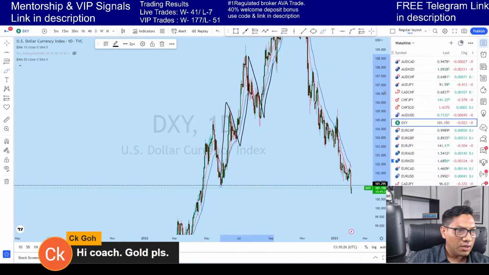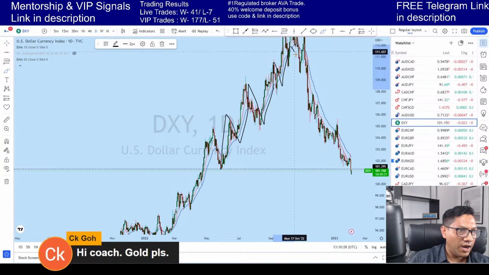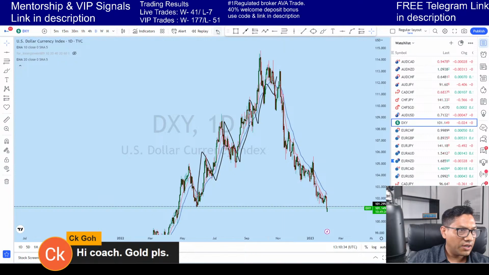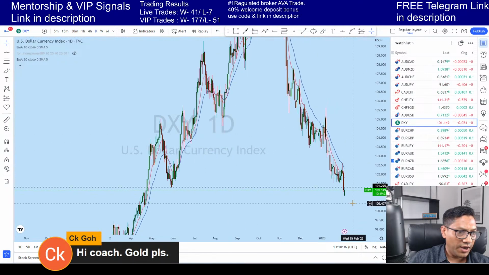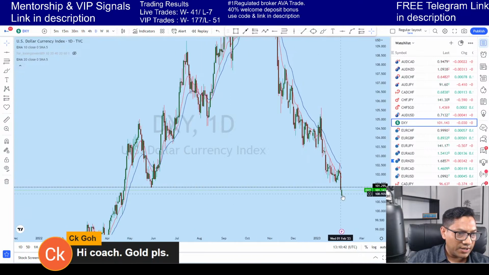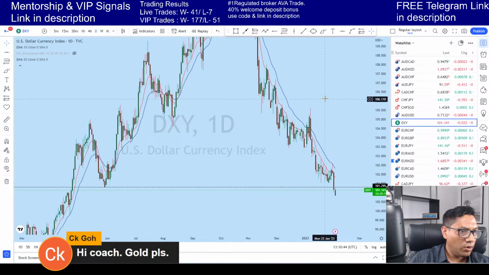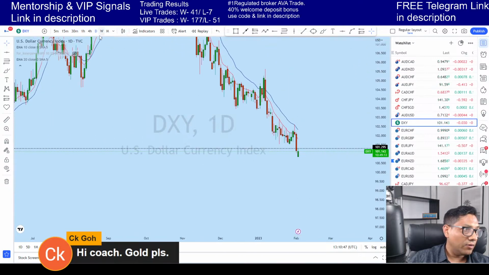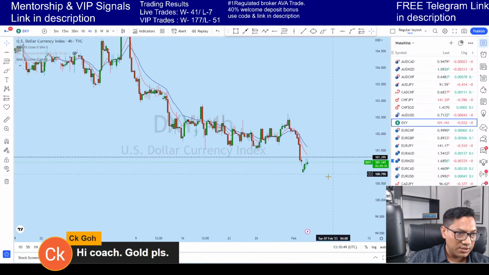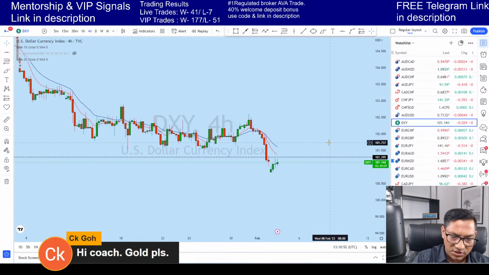So every time the price was creating a series of higher highs and higher lows on DXY. You can see that the price has just broken this level and created the same kind of gap opening on DXY, on the daily chart, and the 4-hour is creating like that. So if DXY is reversing, guys, then you could see that GBP USD, AUD USD, gold, all those instruments might reverse. Which is a pretty interesting thing to look at.